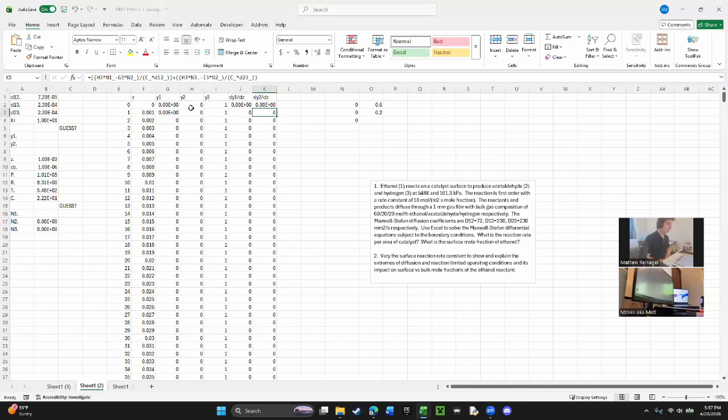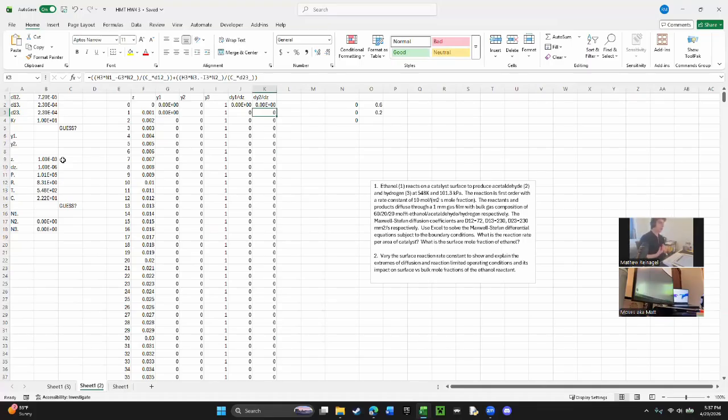What we need to start with is taking guesses for what the mole fraction of ethanol is going to be in this case, because we only have the Stefan-Maxwell equation. We don't have the mole fractions of one, two, or three.